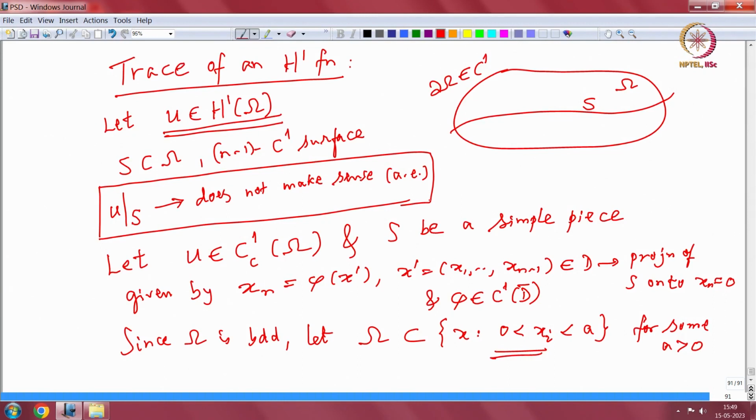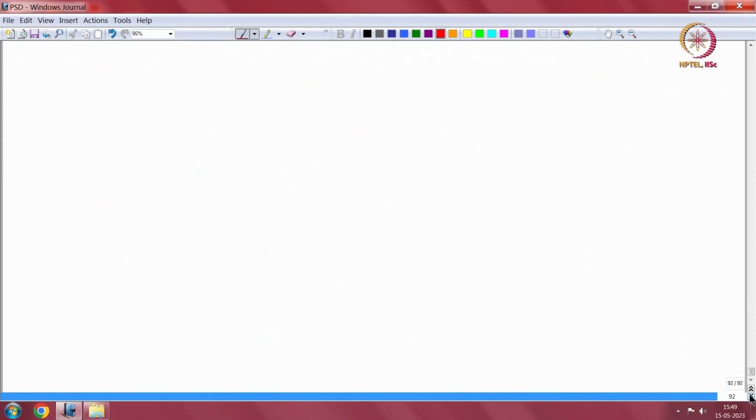Of course, we can always translate omega to achieve that. It is also for ease of writing. So, that means, for example, this phi is positive. Since omega sits here, this S also sits there, so phi is positive.